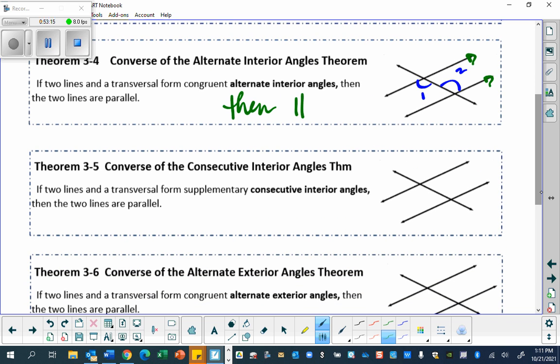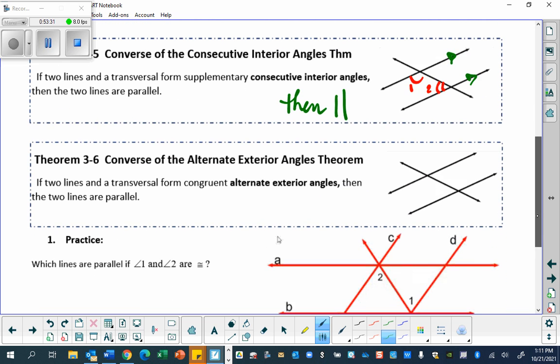Consecutive interior angles. If my consecutive interior angles are supplementary, then my lines are parallel. If my alternating exterior angles are congruent, then my lines are parallel.